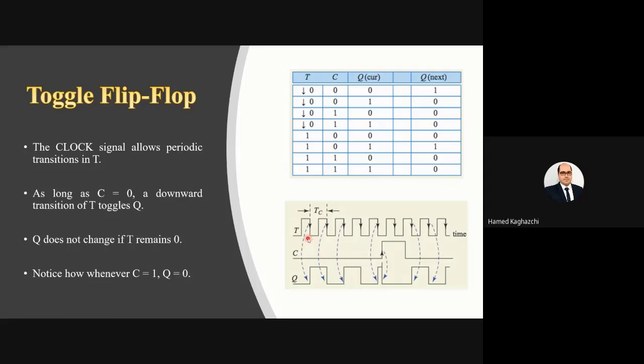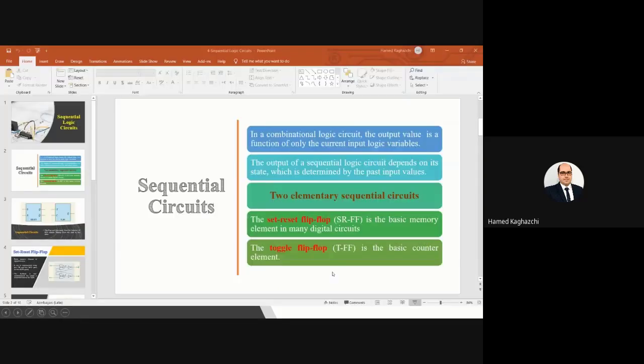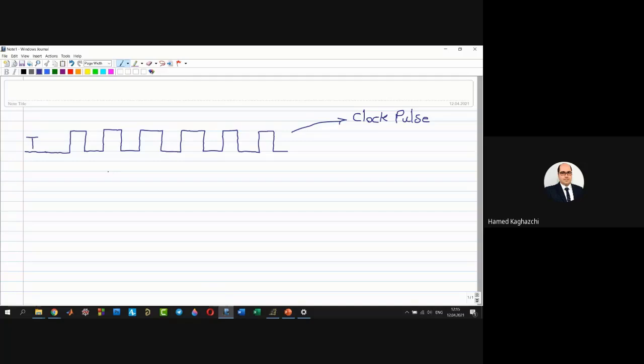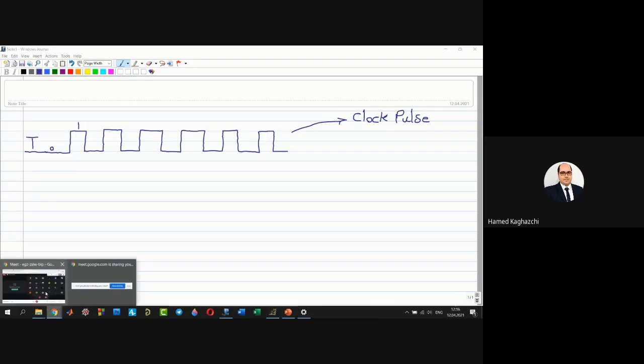And this clock pulse, I think if I write it for you, it can be better. This is the clock pulse. Now, if you look at here, we know that here is low level or 0. Here is 1, high level.